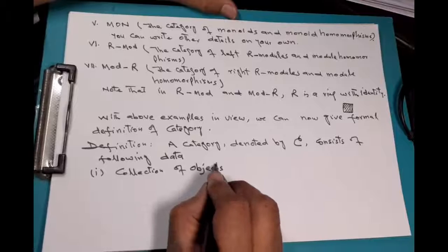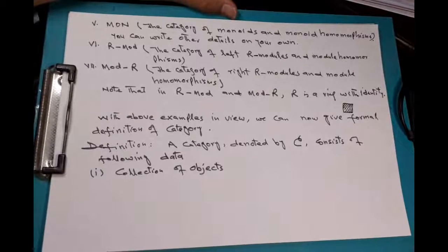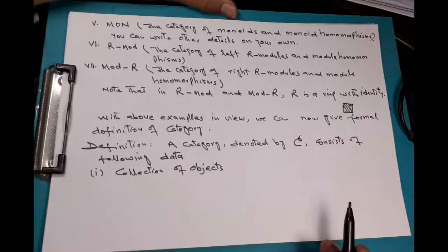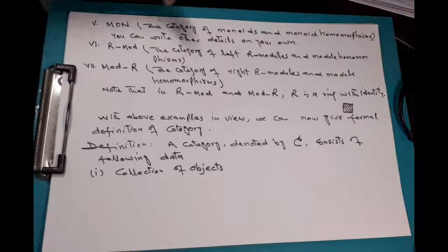For example, if we are discussing the category of sets, then objects are sets. If we are discussing the category of groups, objects are groups. If we are discussing the category of topological spaces, objects are topological spaces. If we are discussing the category of monoids, objects are monoids.